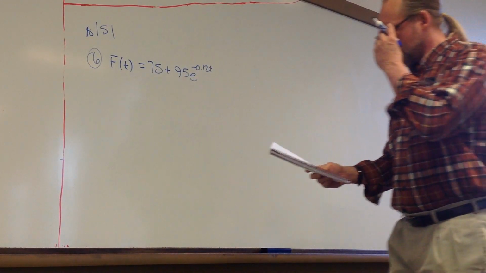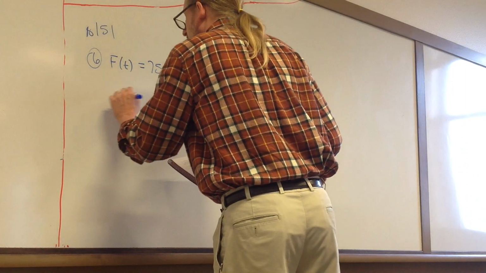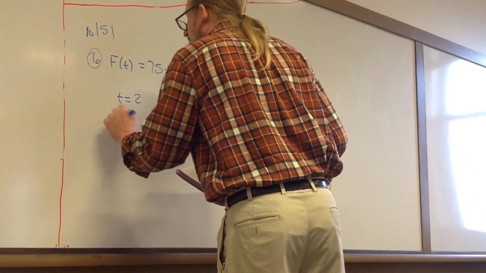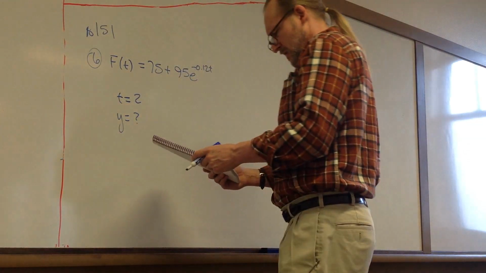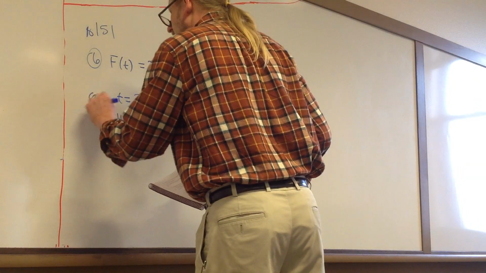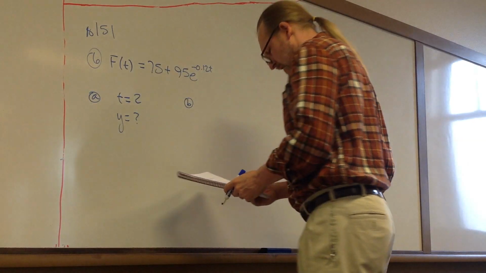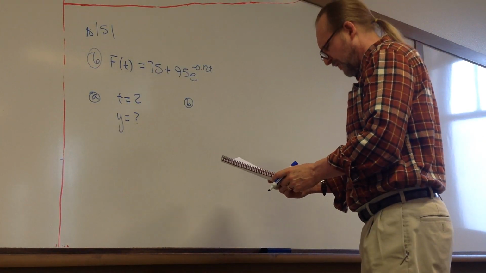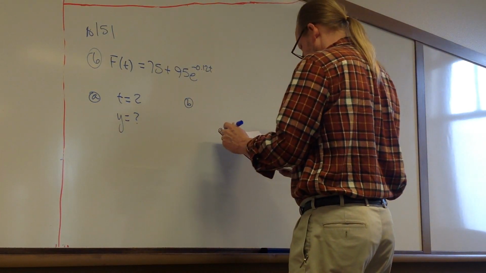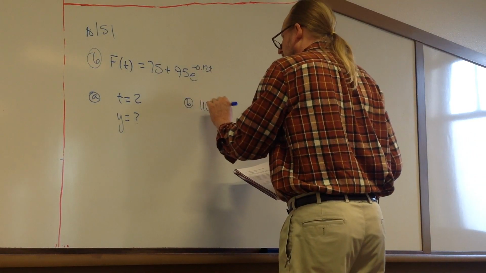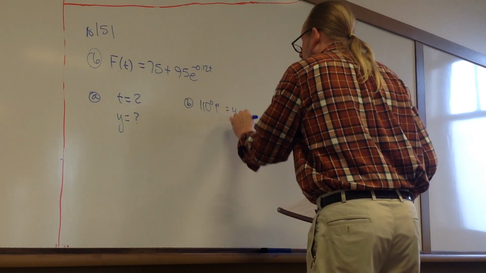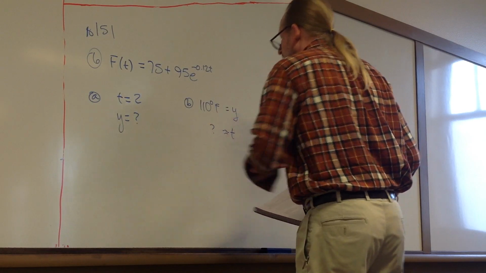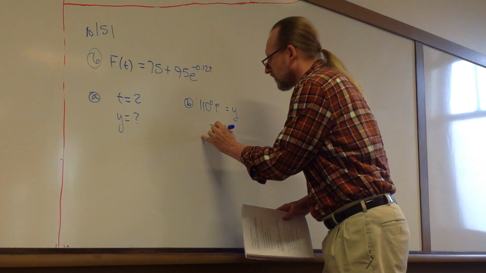What is the temperature of the soup after 2 minutes? So at t equals 2, what's our temperature going to be? And let's see, that's part A. In part B, a certain customer prefers his soup to be cooled to 110 degrees Fahrenheit. How long will this take? So if that's y, then what's the t value that corresponds to it?